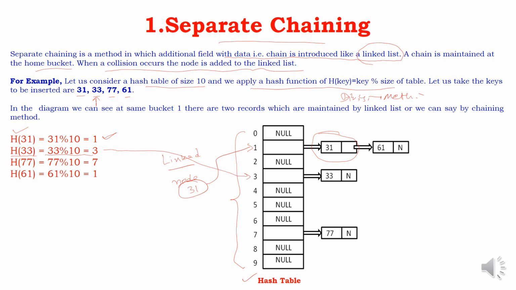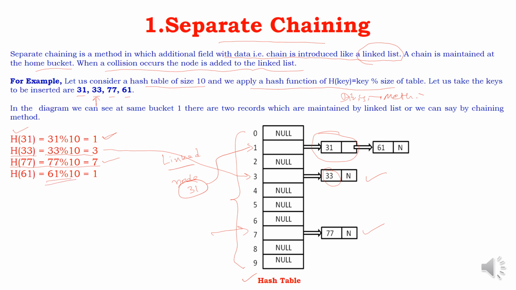So at location 3, it creates a node 33 and adds it to that particular location. Then if it wanted to add 77, create the index: 77 percentage 10, where 10 is the size, it creates 7. 7 is the index. At 7 you are going to add a new node with information 77, then 61.